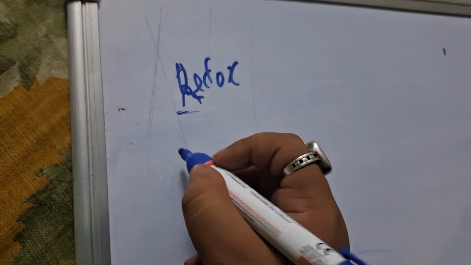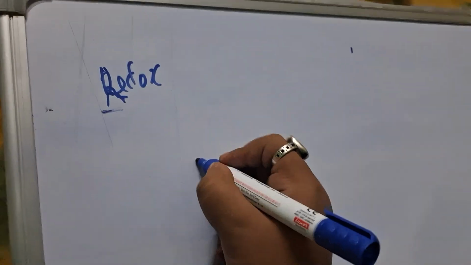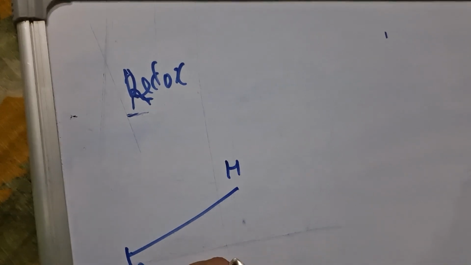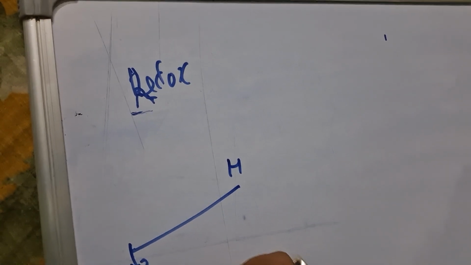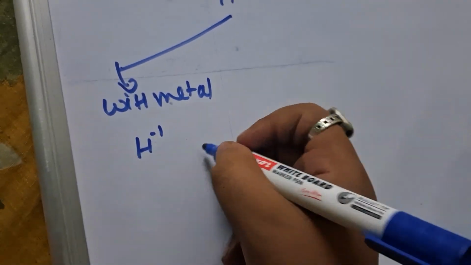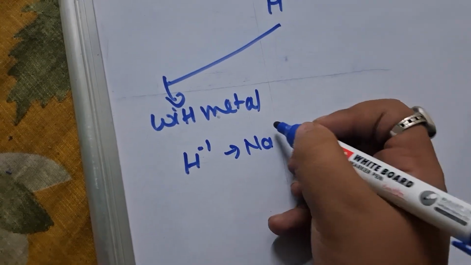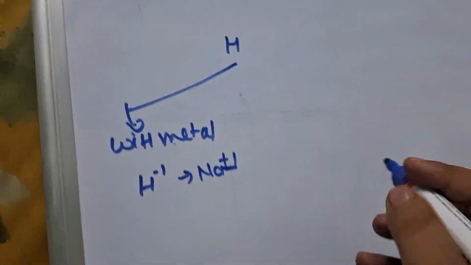Crazy. So H, hydrogen with metals gains a -1 charge, and the metal will of course gain a +1 charge.